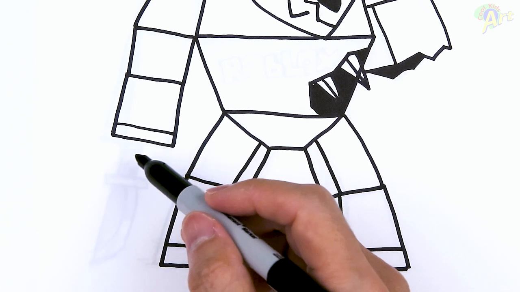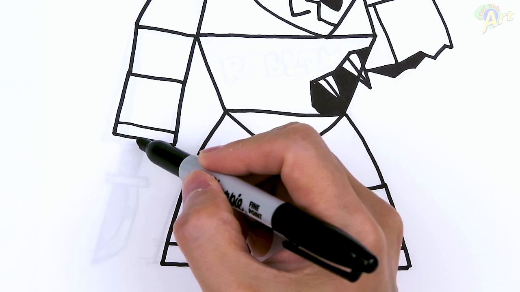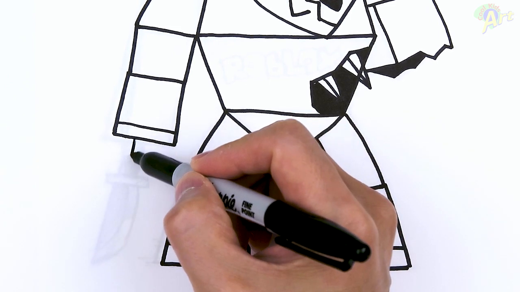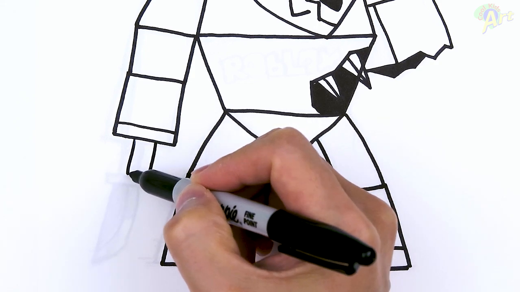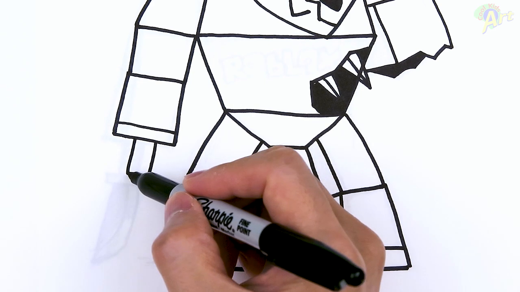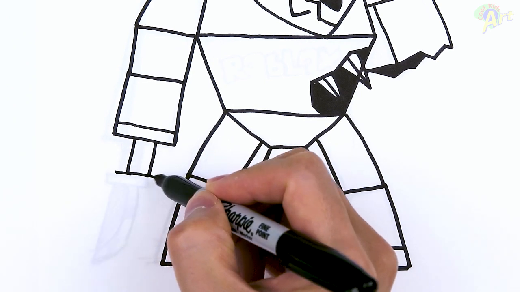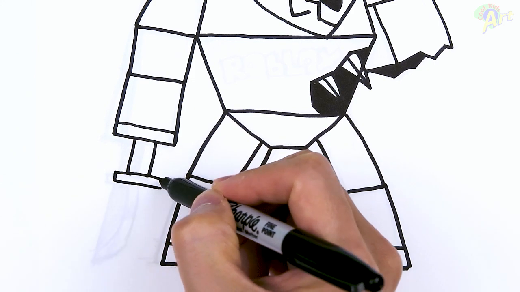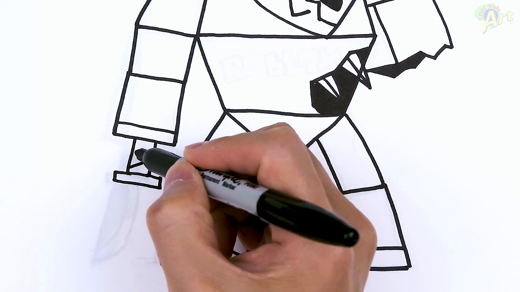Okay, so let's go ahead and draw in the dagger now. So this part's a little bit simpler. Just continue down. Just draw a little rectangle right here. This is gonna be, I guess, the grip, the handle. And then right here, we'll extend this. Draw a longer rectangle. Right here in the handle, let's add in a few lines right here.